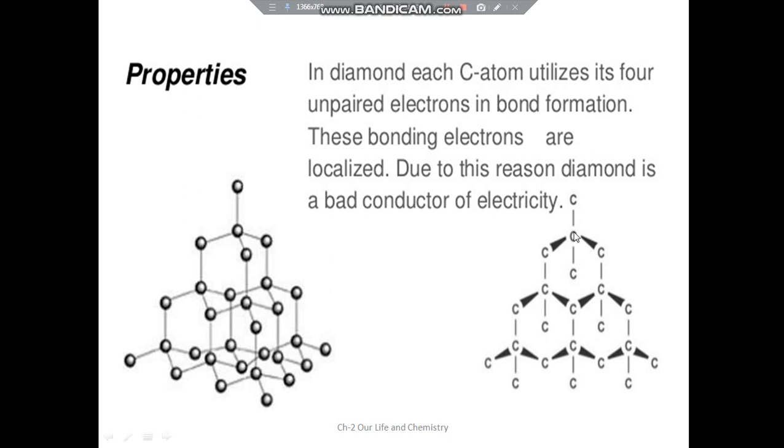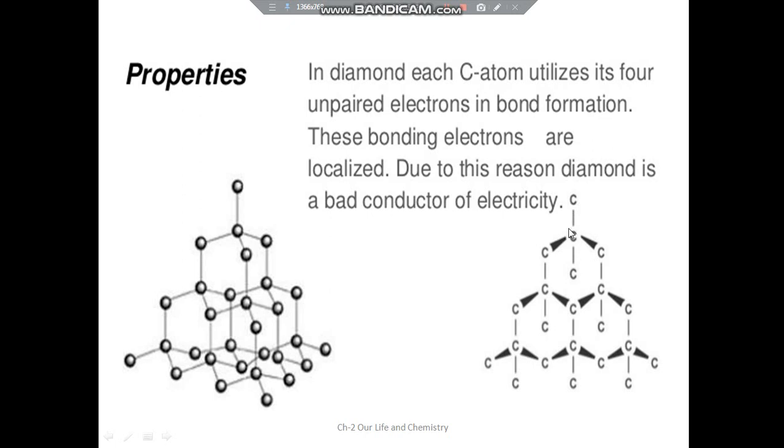Why so? Because of the bond structure over here. In diamond, one carbon atom has 4 neighboring carbon atoms. As you already know, carbon is in group number 4, which has 4 valence electrons. All the 4 electrons, as we can see, have bonded with the neighboring carbon atoms.